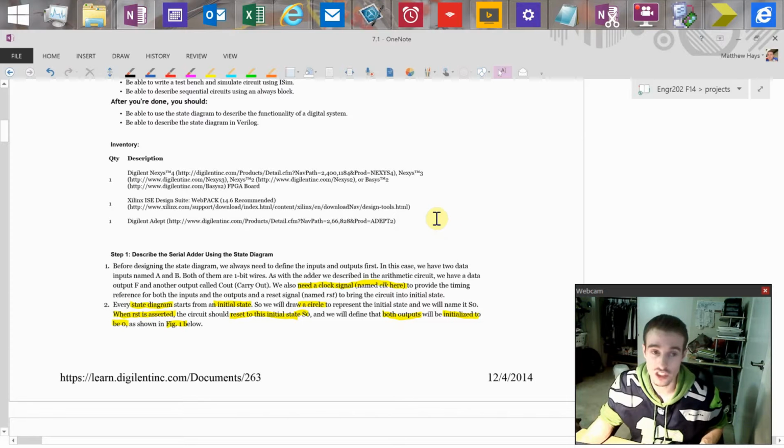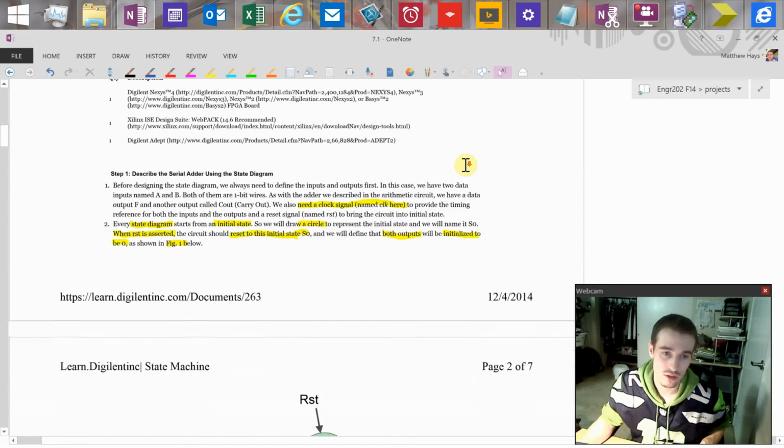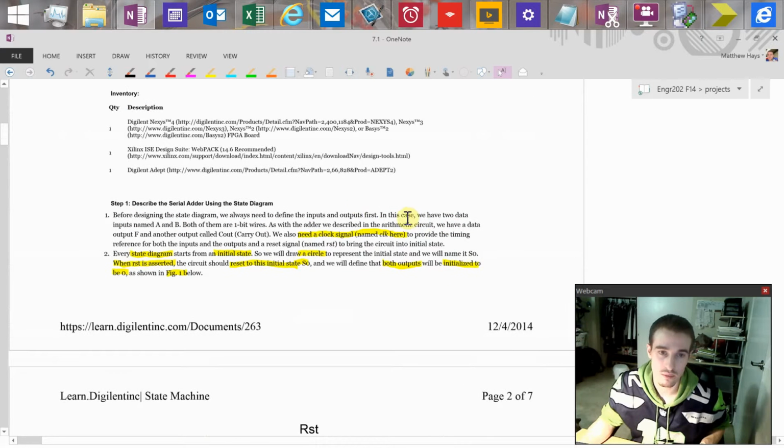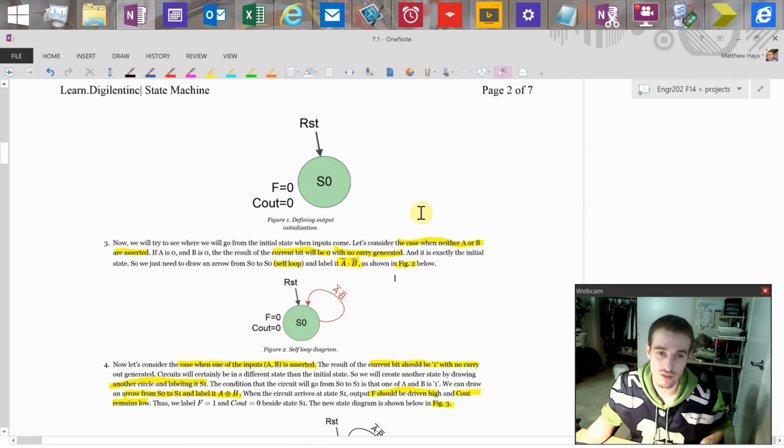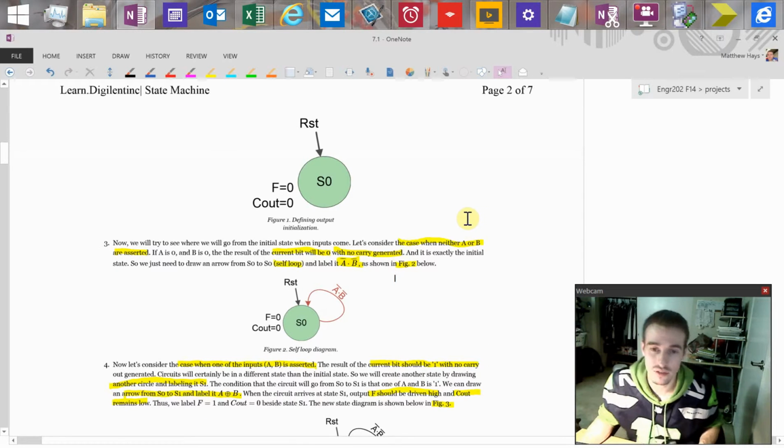Pretty much, it just walks you through how to use a state diagram to keep track of states and transitions, and then how to break down a situation that you want to code and draw a diagram that helps you code it. Using state machines, you can behaviorally describe a circuit if you know the way it's supposed to function.